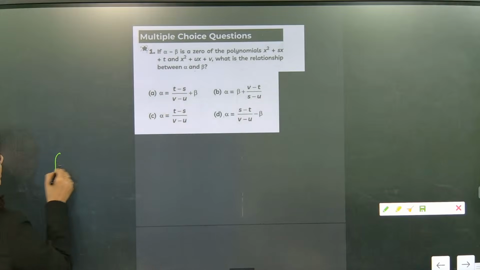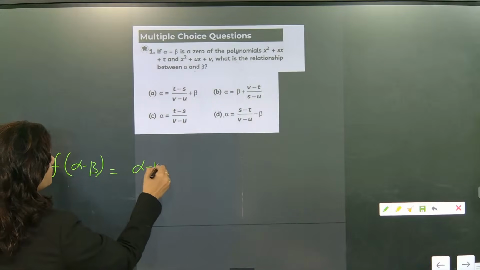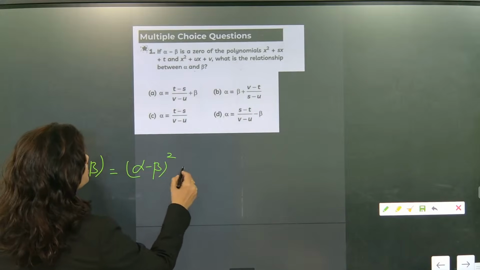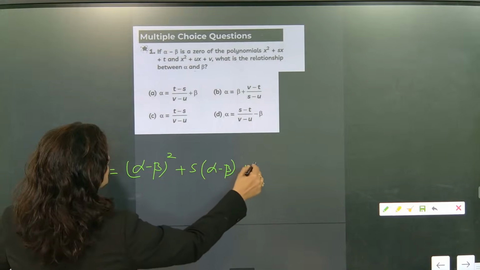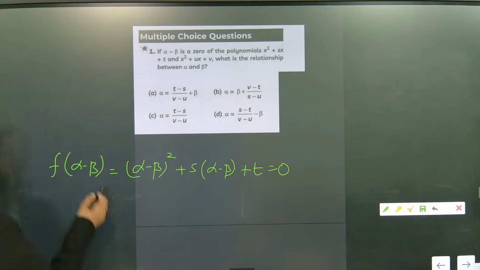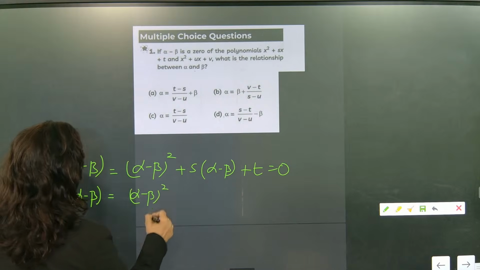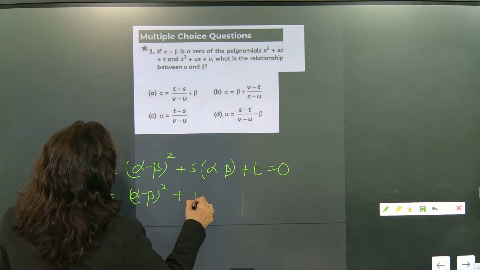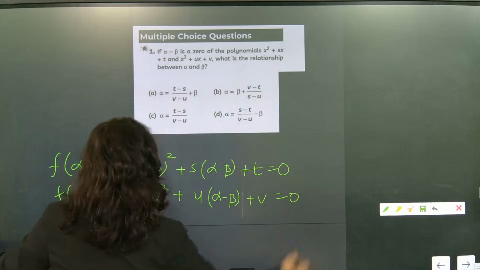So now look here. We can write f of alpha minus beta. Instead of x square, what will become? Alpha minus beta whole square plus s times alpha minus beta plus t equal to 0. This is one equation. Second equation f of alpha minus beta, both will exist. So alpha minus beta whole square plus u times alpha minus beta plus b equal to 0.